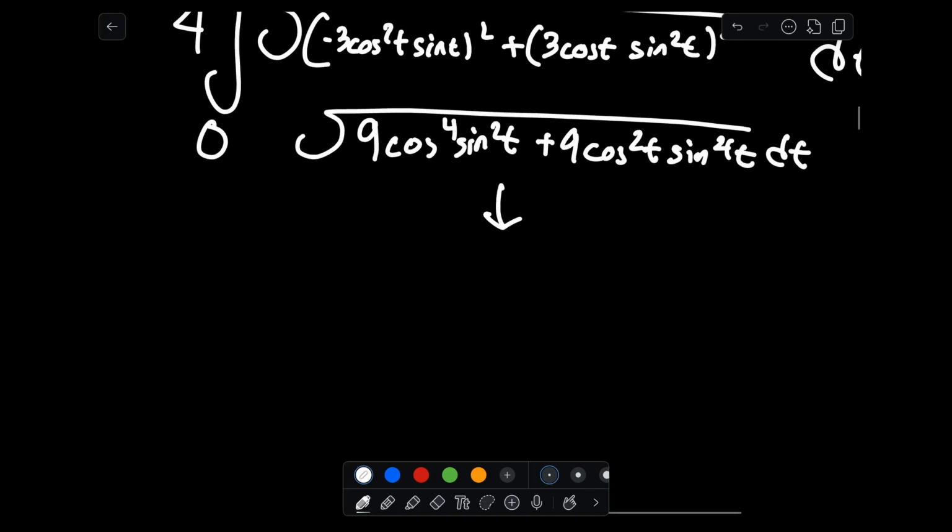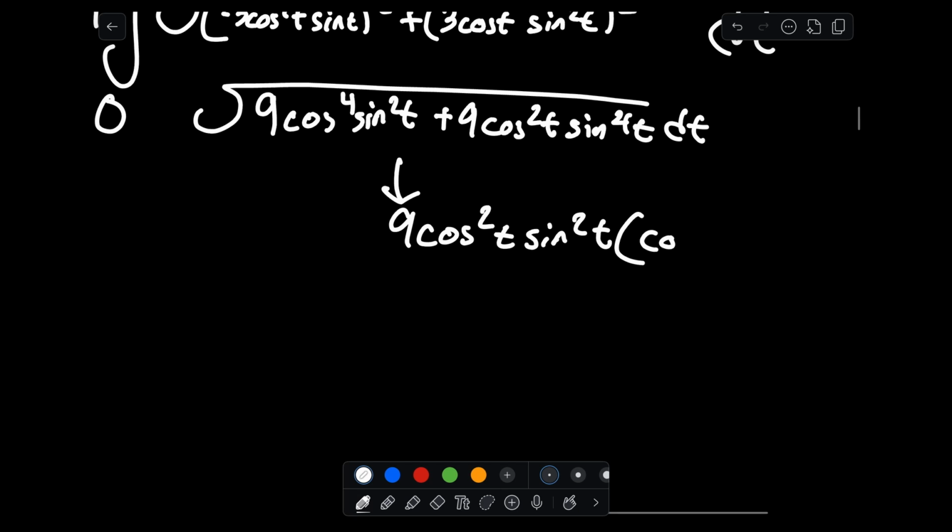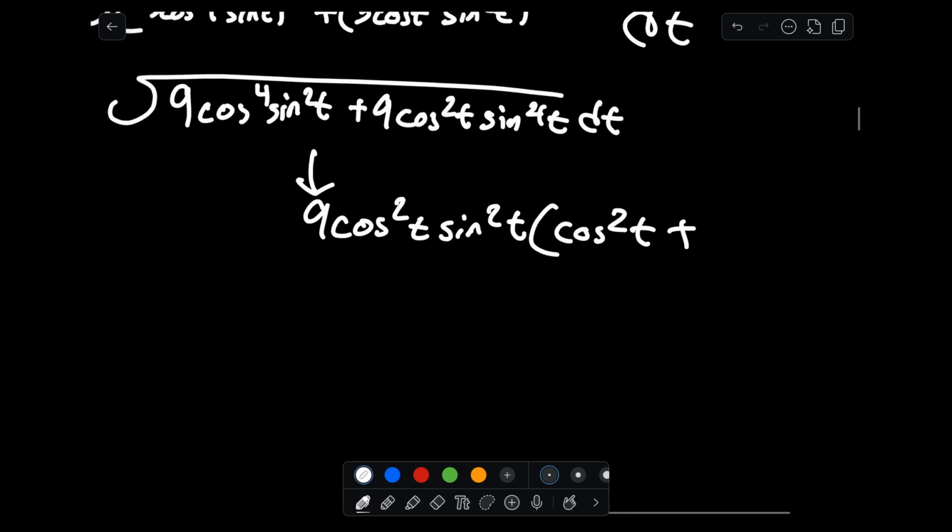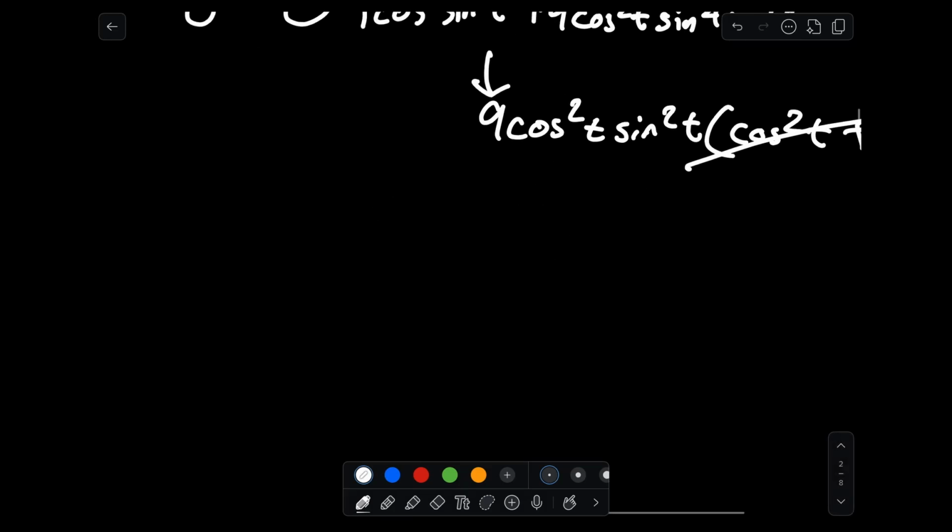And then we get 9. I see we can factor out a cosine squared sine squared, so let's do that. 9 cosine squared t sine squared t. And I see cosine squared t plus sine squared t. That goes away to 1.